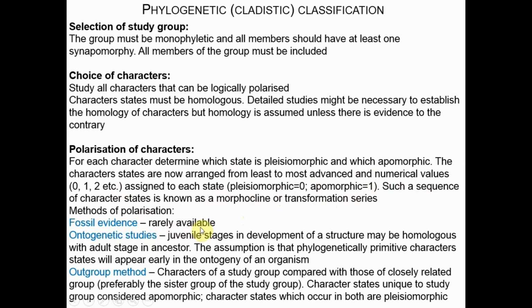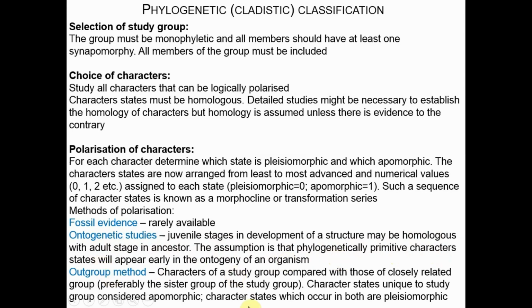Often we can compare to fossil evidence, because sometimes the ancestors would be in the fossil record. Ontogenetic studies, where we look at juvenile stages to decide whether things are homologous and what is the primitive state and which is the advanced state.